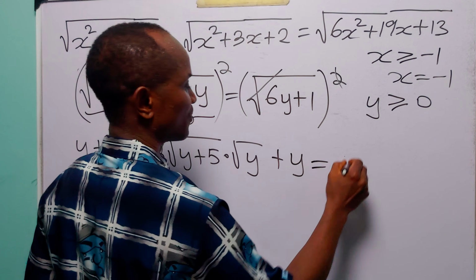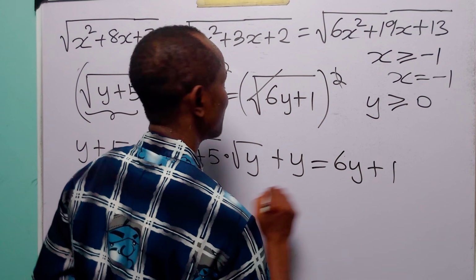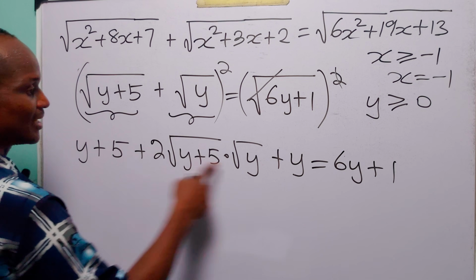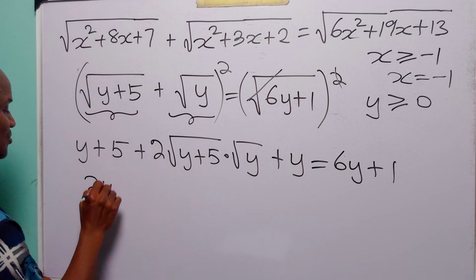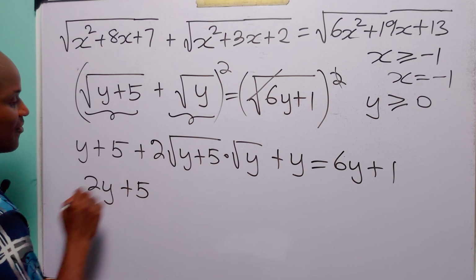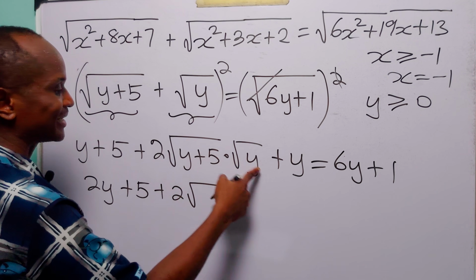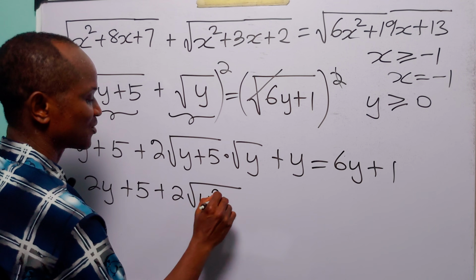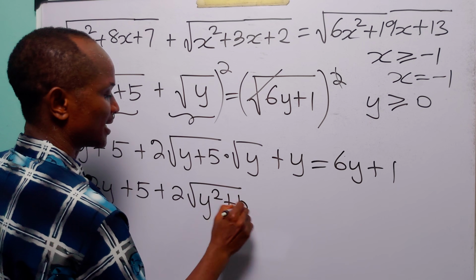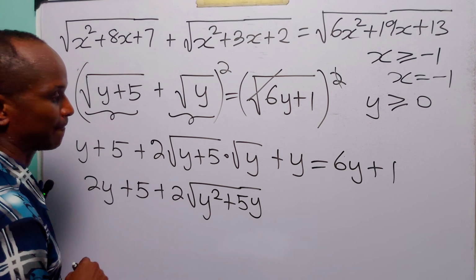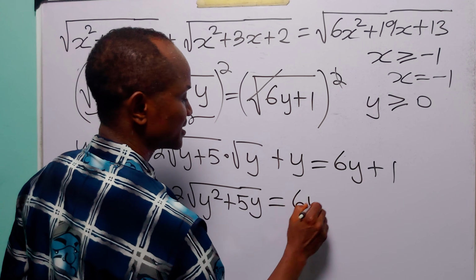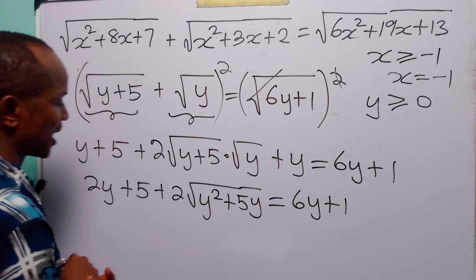And then this is equal to 6y plus 1. Now y plus y is 2y plus 5 plus 2 into y times y is y squared. 5 times y is 5y. This is equal to 6y plus 1.